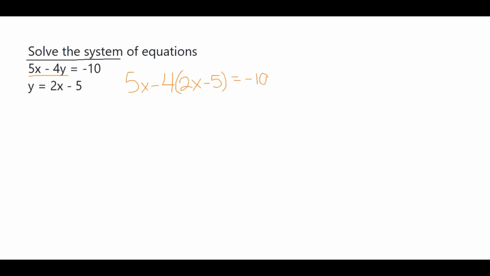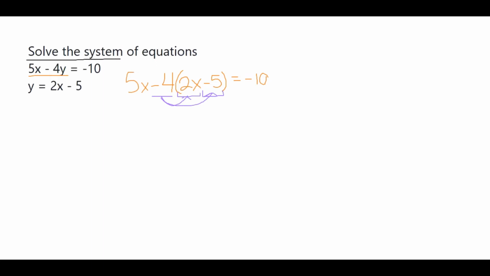Okay, so now the next step would be to distribute to get rid of this parentheses. So it's negative 4 times the parentheses, so you would distribute the negative 4 to each of the terms in the parentheses. So 2x is one term, negative 5 is one term. So you would multiply negative 4 times 2x.